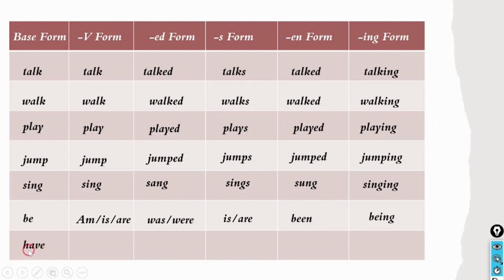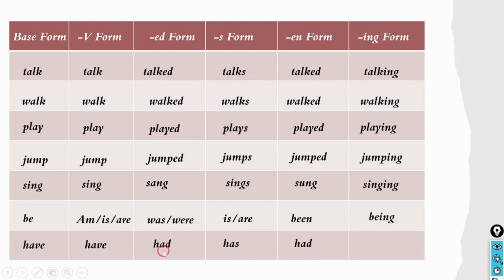So have can also be a base form, but we don't add ed, it becomes had, like in the past simple. In the S form, it becomes has. He has a pen in his hand. That is a fact. Then here it becomes had.